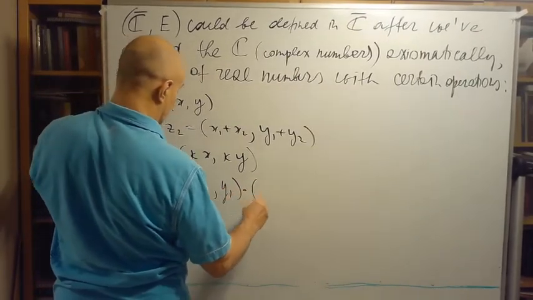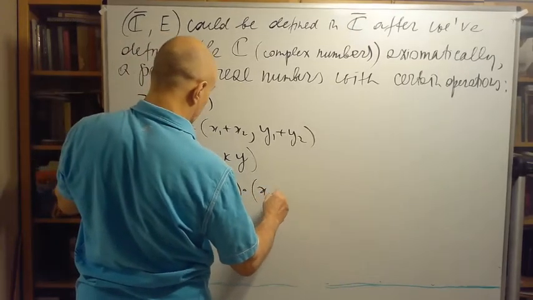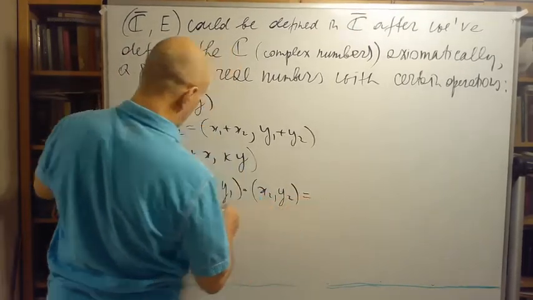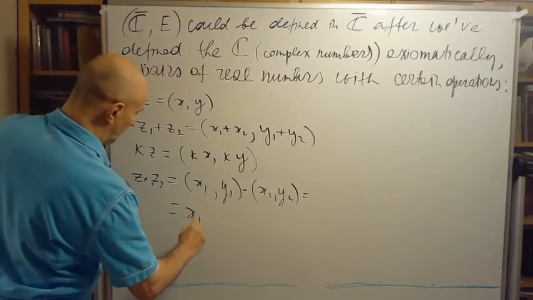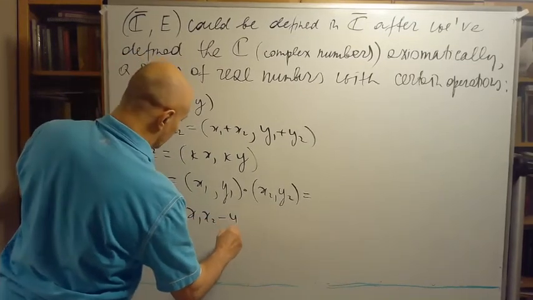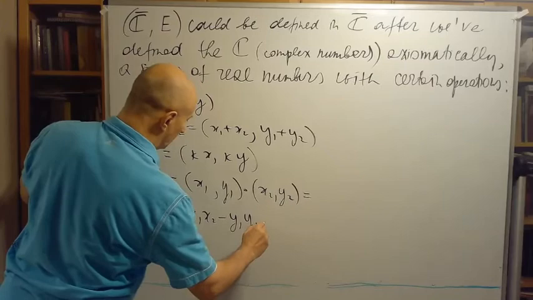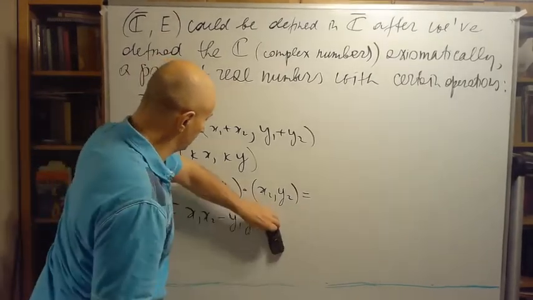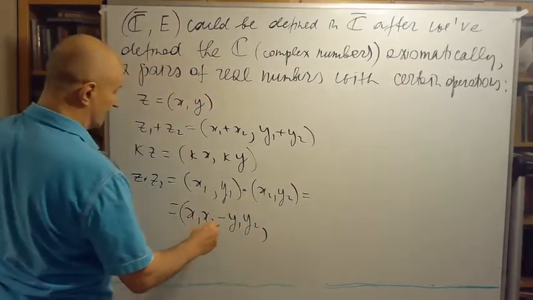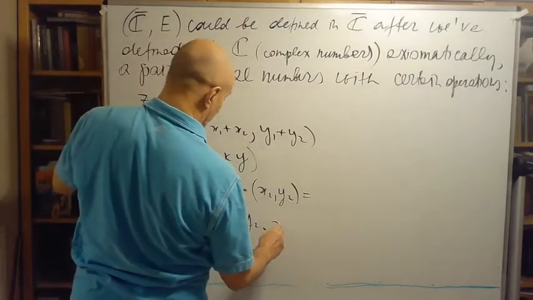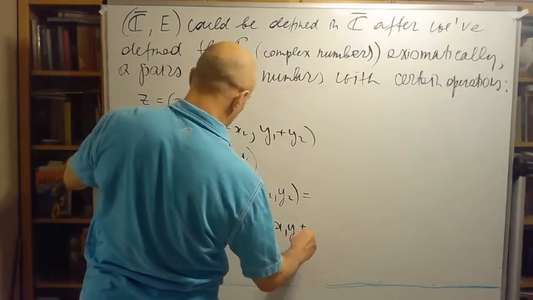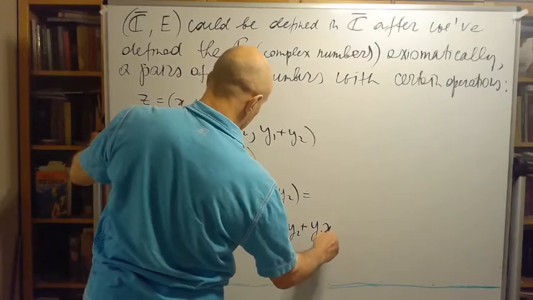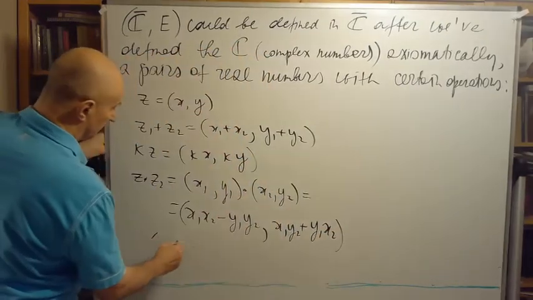When we multiply two complex numbers between themselves, z1 multiplied by z2, or x1 y1 multiplied by x2 y2, equals x1 x2 minus y1 y2, and this one is the first part of the pair, the real part, and x1 y2 plus y1 x2, and so on.